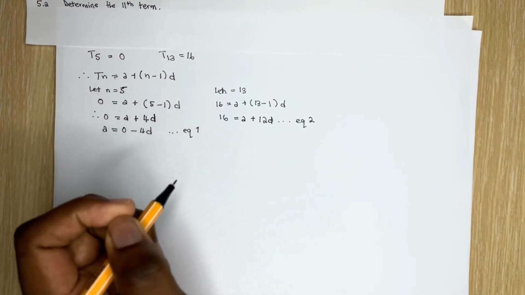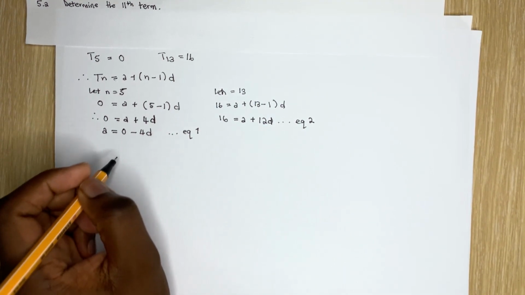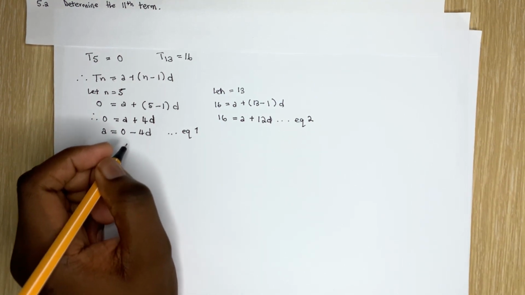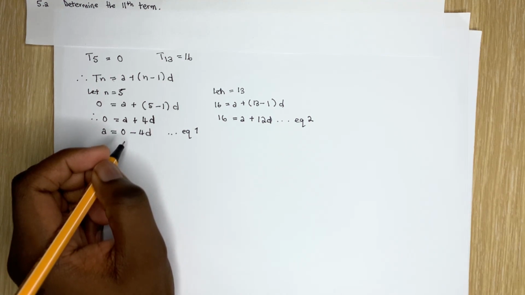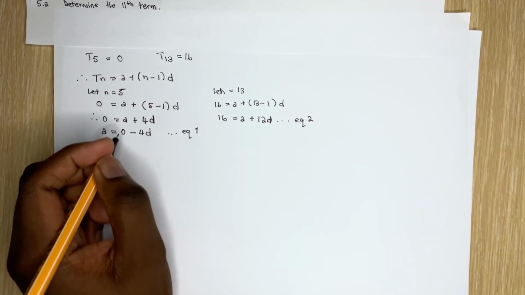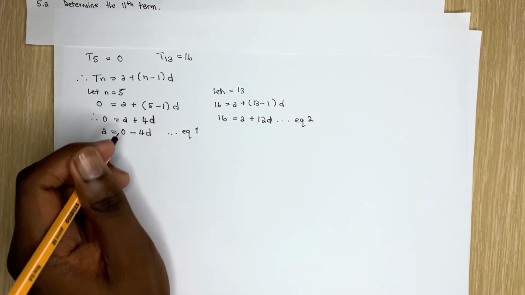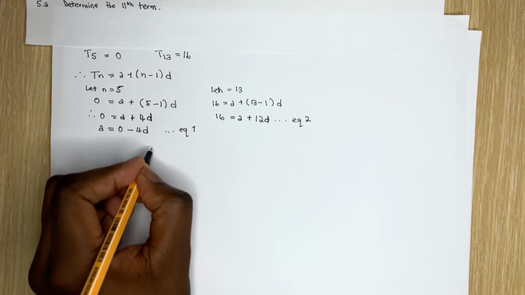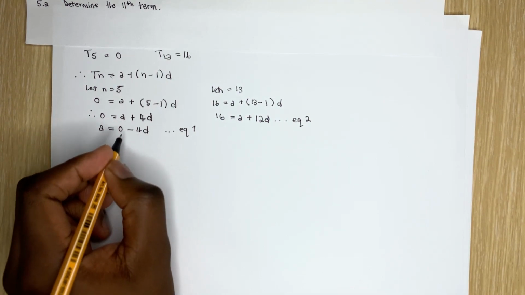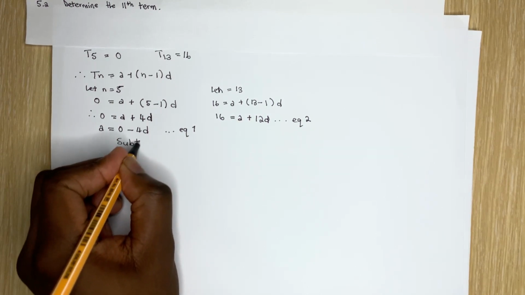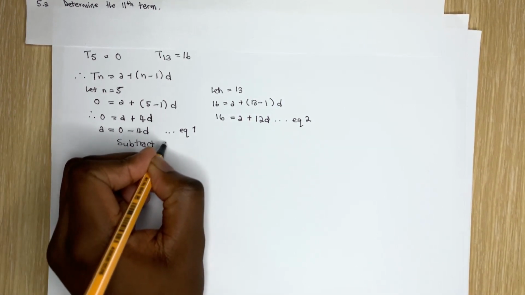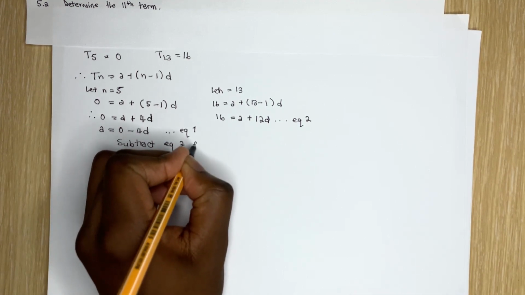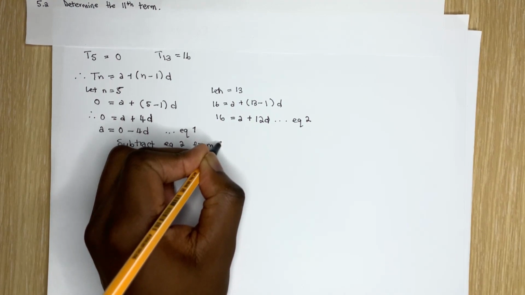Okay, so in order for us to solve the unknown values, we can use subtraction of equations, or simultaneous equation subtraction. Okay, so we are going to subtract equation 2 from 1.